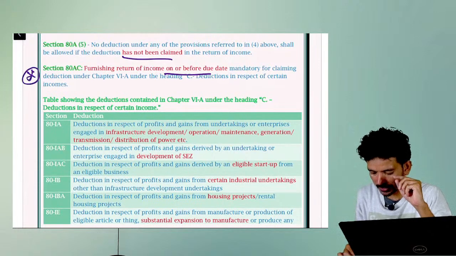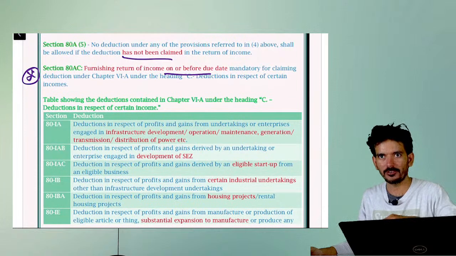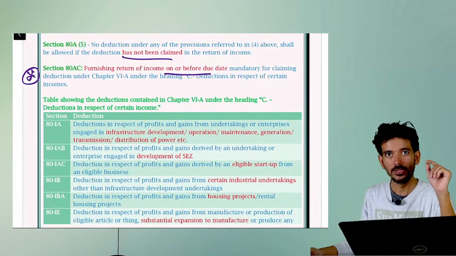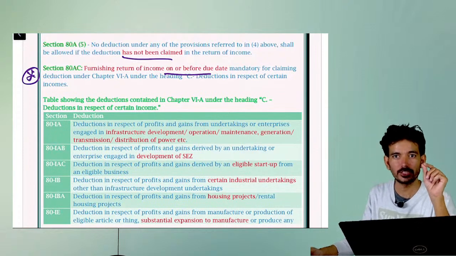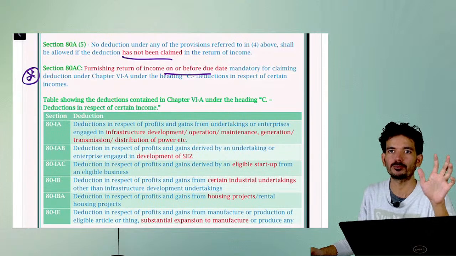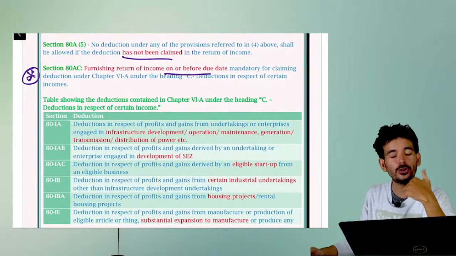This is very important. Whenever you are claiming 80C or 80D or any other section, any benefit, you have to file the return of income. That is the reason why filing the return of income before the due date under section 139(1) is absolutely important. When there is a delay in filing your return, in a lot of sections you will not get any benefit.